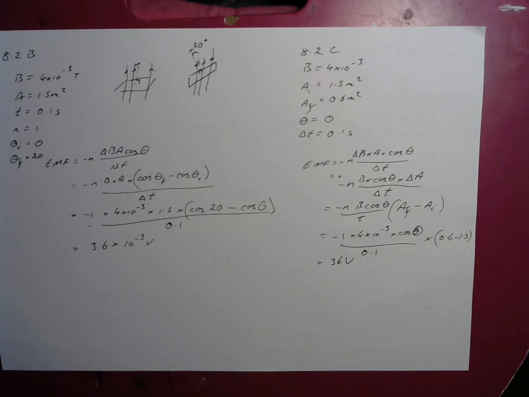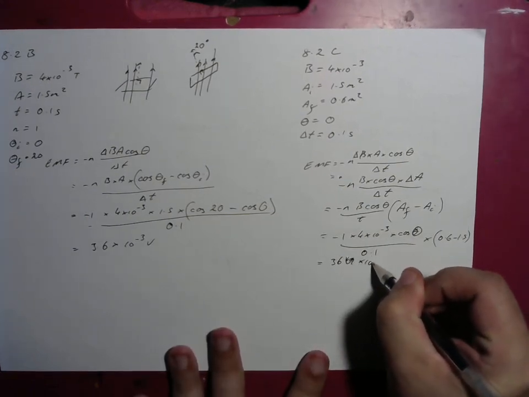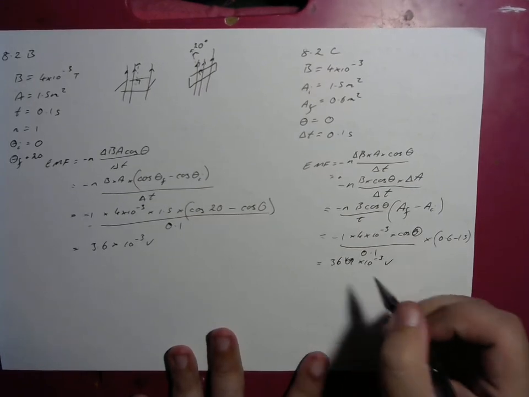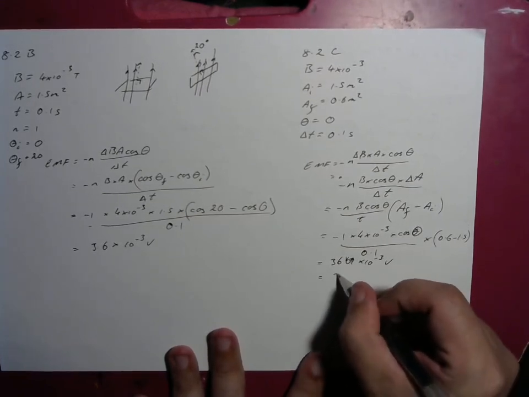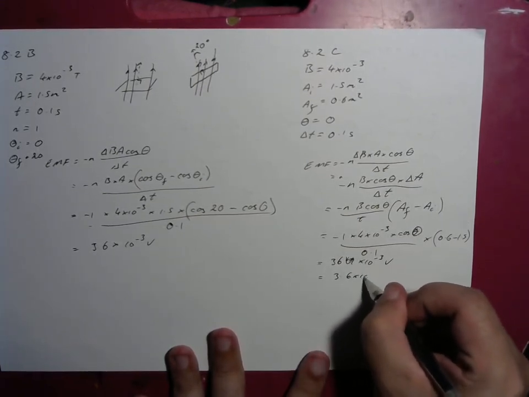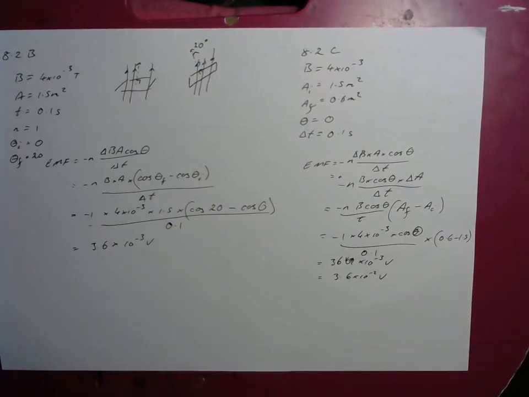Times n, 1, that doesn't change. 0.6 take away 1.5 is -0.1, divided by 0.1. Yeah, so 36 times 10 to the -3. They are missing the power. Okay, or 3.6 times 10 to the -2 volts.